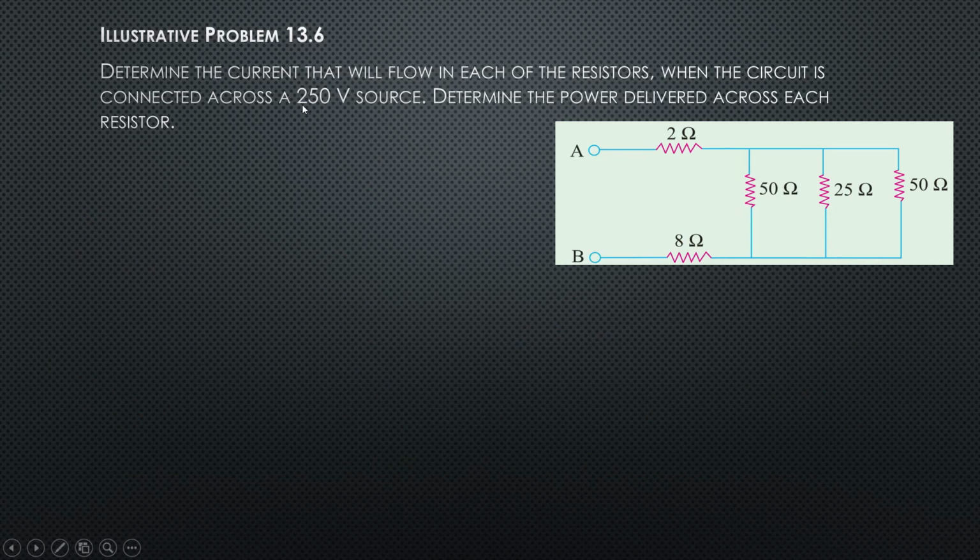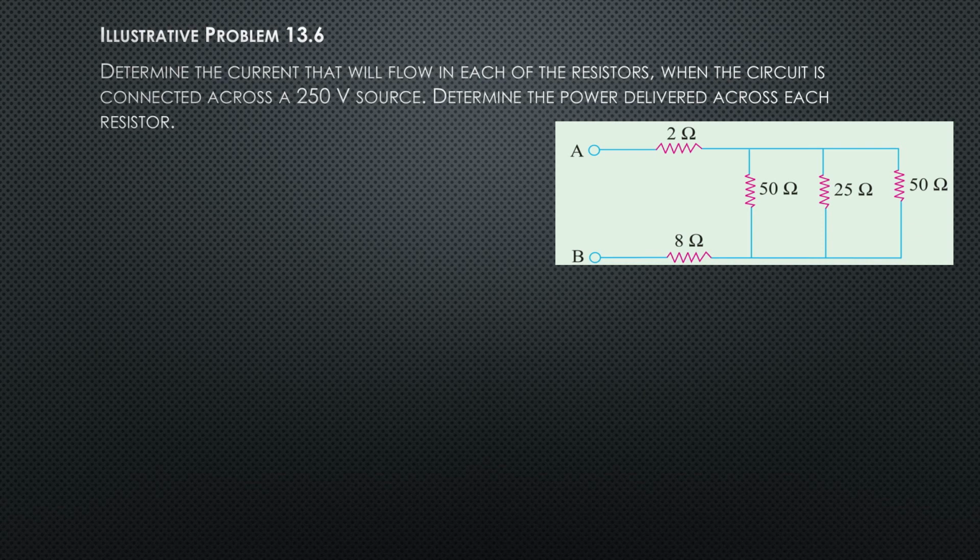Okay, problem 13.6. Determine the current that will flow in each of the resistors when the circuit is connected across a 250 volt source. Also determine the power delivered across each resistor.